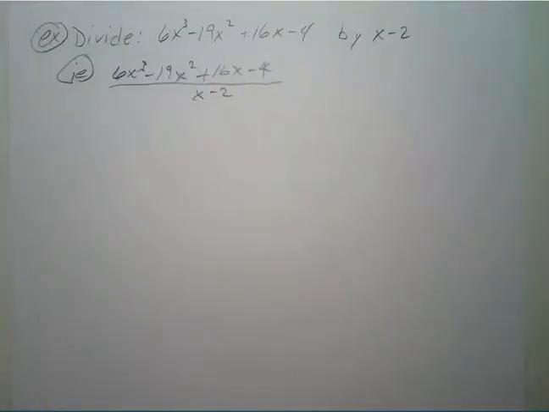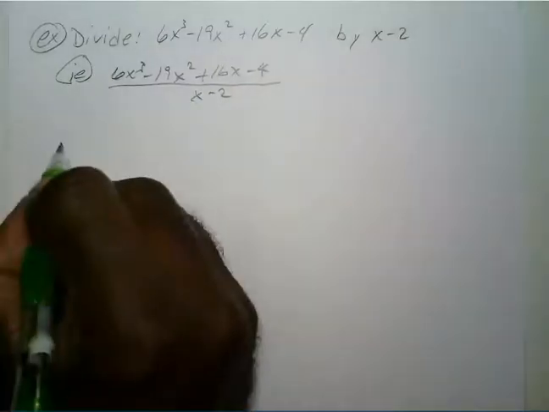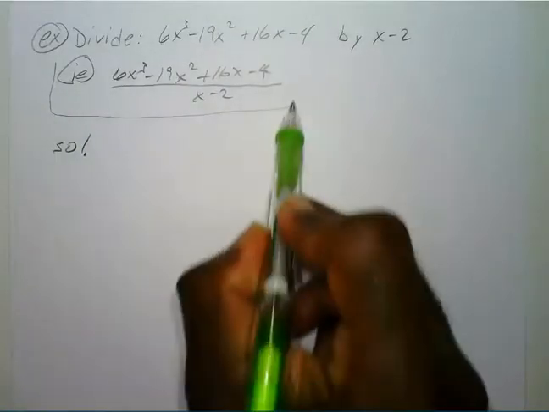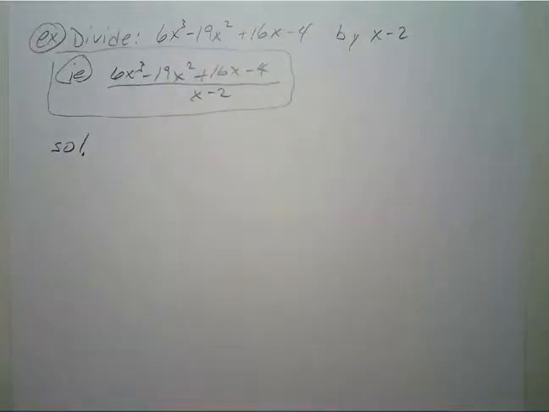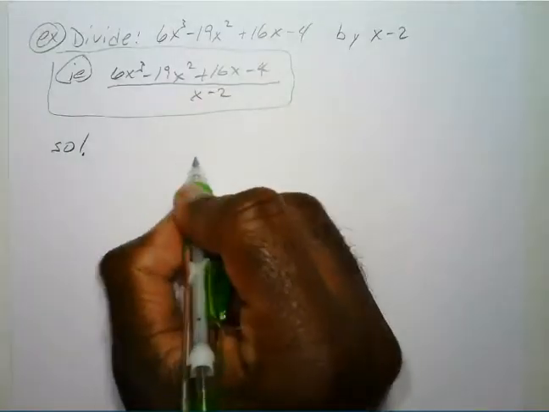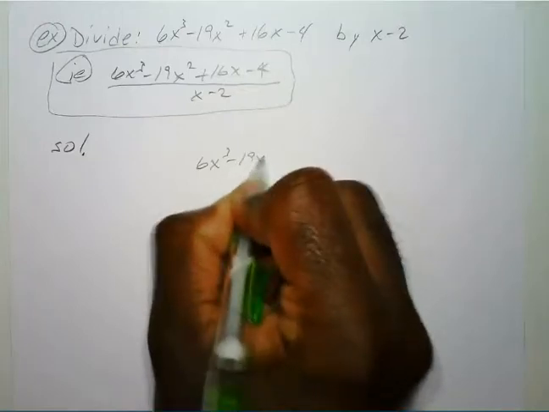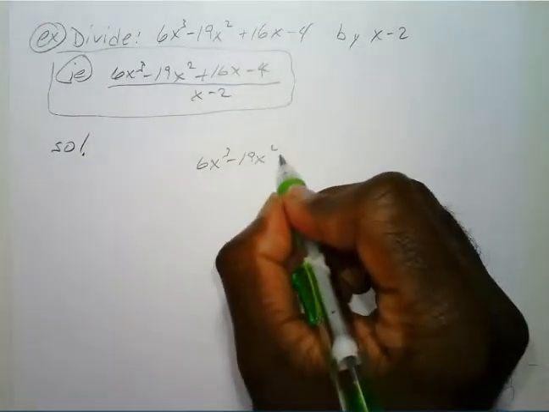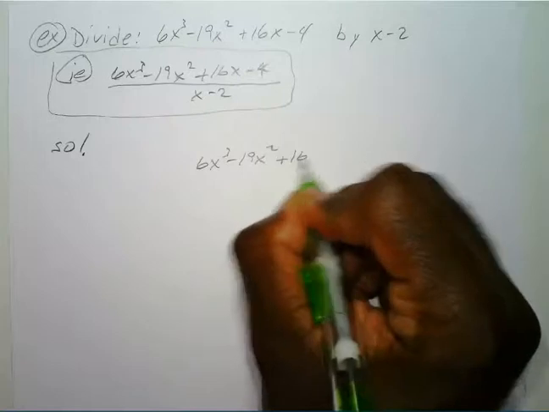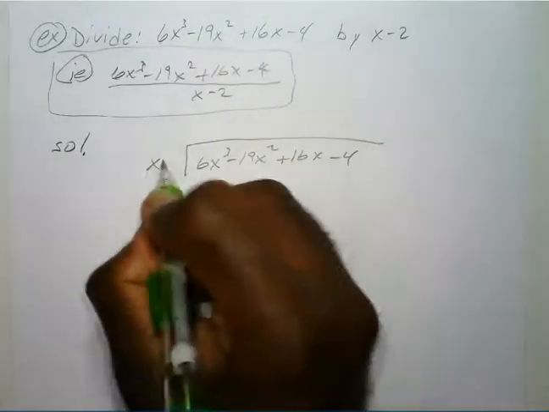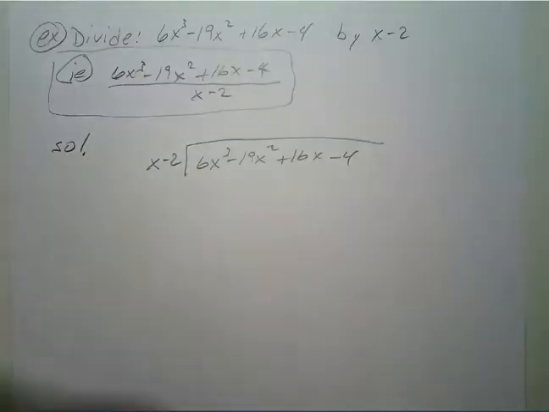All right, so first thing we're going to do is rewrite this using the division bracket. Okay, so that's 6x to the third minus 19x squared plus 16x minus 4 divided by x minus 2. Okay, so we're dividing it by that entire denominator.